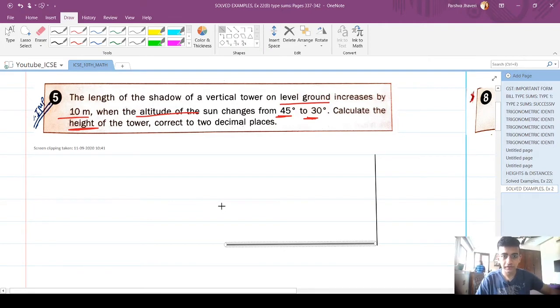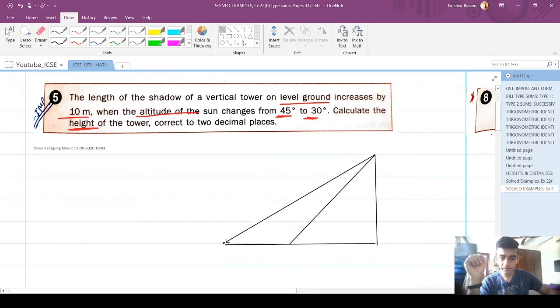So when the sun is somewhere here, the altitude angle is 45 degrees. And then after some time, the position of the sun changes in the sky, right? So after a certain while, the sun position changes and you have your shadow coming all the way till here.